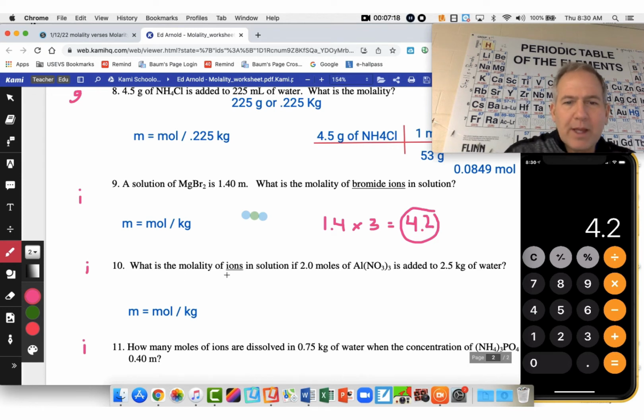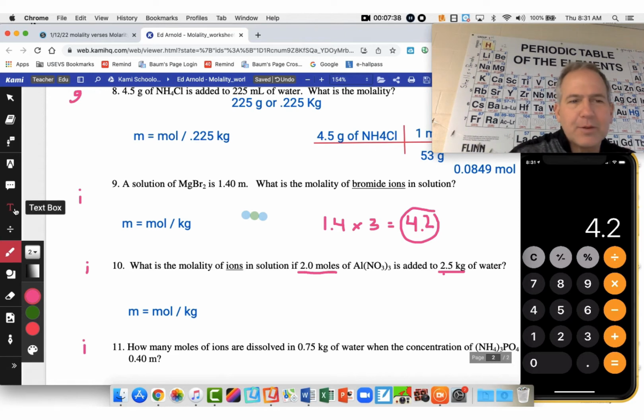What is the molality of ions in the solution if 2 moles of aluminum nitrate is added to 2.5 kilograms of water? So they're going to make us do the problem. Let's get this equation part done first, because you can only do this through the molality.